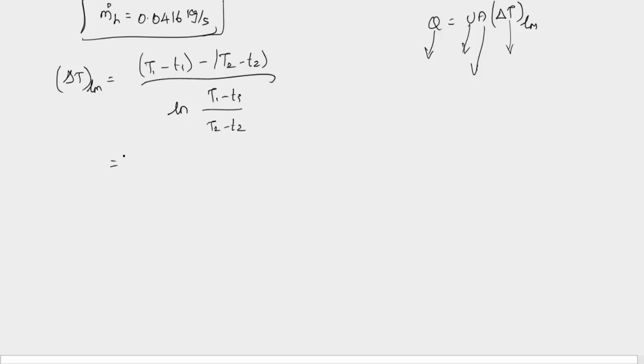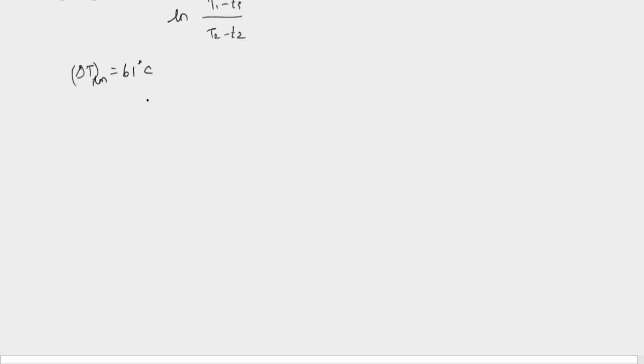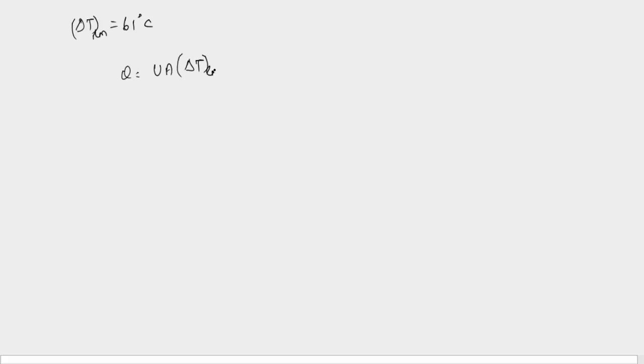Substitute all the values in this equation and the del T LM value will be 61 degrees Celsius. If you substitute this value in Q equals U A del T LM, 91 into 10 to the power 3 equals 1800 into area into 61. So the area will be 0.828 meter square.